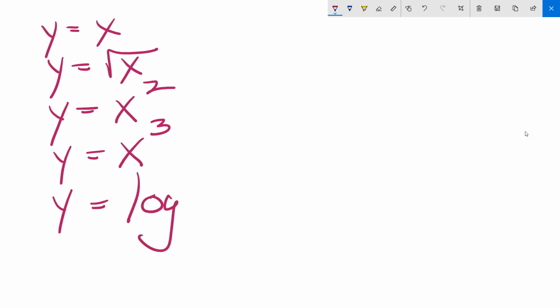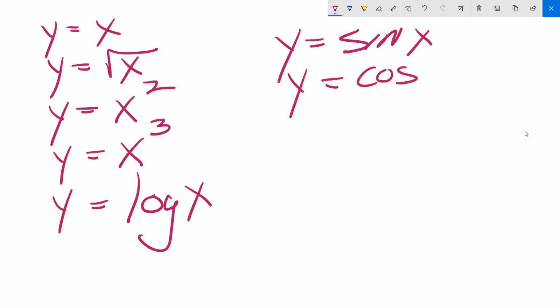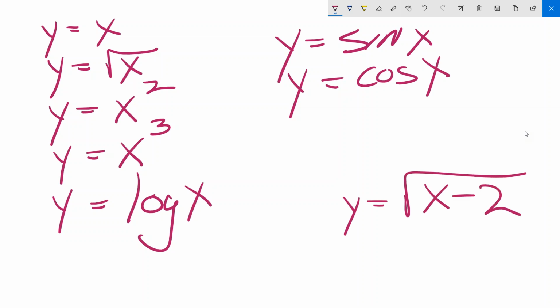There's like 10 of them. I can take any of these functions and transform them. In other words, if I told you that y equals square root of x minus 2, that is a transformation of that.